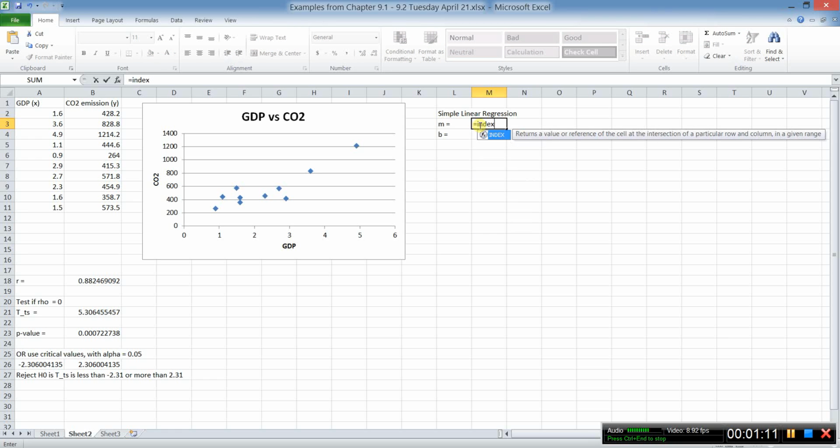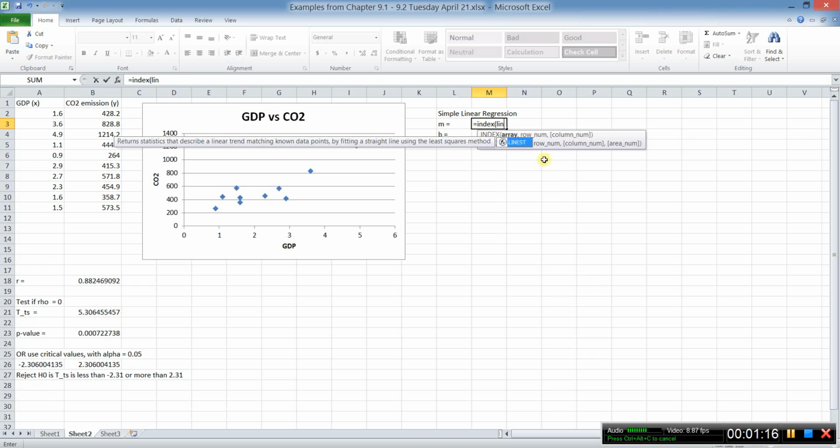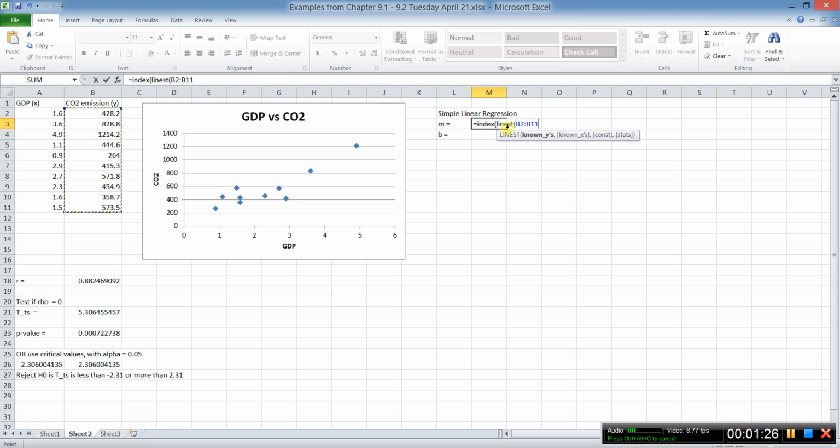So you start with INDEX, and then you write what we're going to index with, LINEST, L-I-N-E-S-T. Then it asks what the known y's are, so we're going to highlight all the y's, then write comma. It asks what the known x's are, so I'm going to highlight all the x's, and I don't need the constant or the stats. I'm just going to enter the y's and the x's, and end the parentheses.